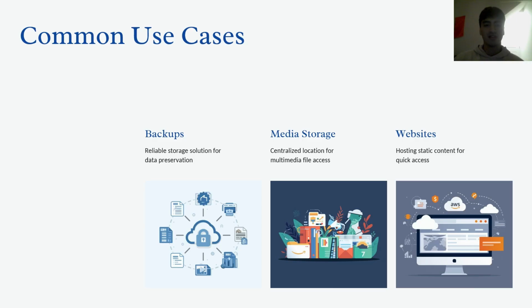Because S3 is highly durable, scalable, and cost effective, it has become the default storage solution for many modern cloud architectures. In this presentation, we'll explore these applications, the tools used to manage S3, and the best practices that help ensure security and efficiency.